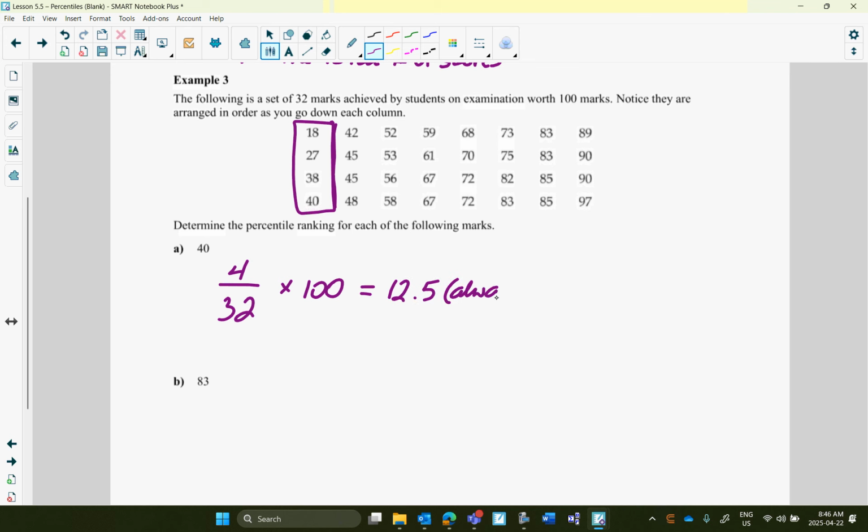And with percentiles, we never use decimals. We always round up, no matter what the decimal number is. Okay? So it's going to be the 13th percentile.